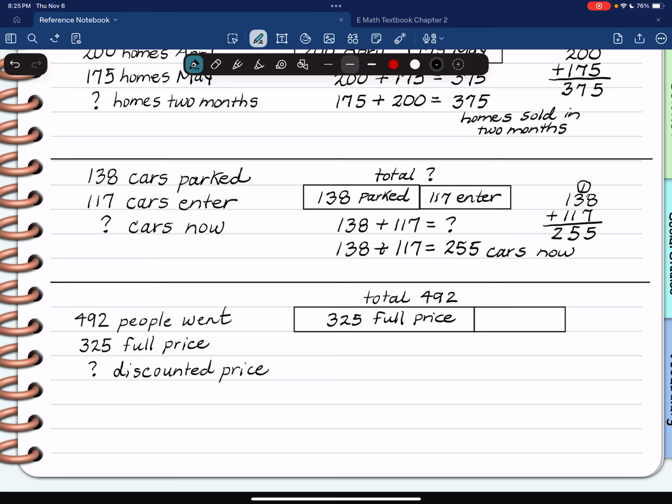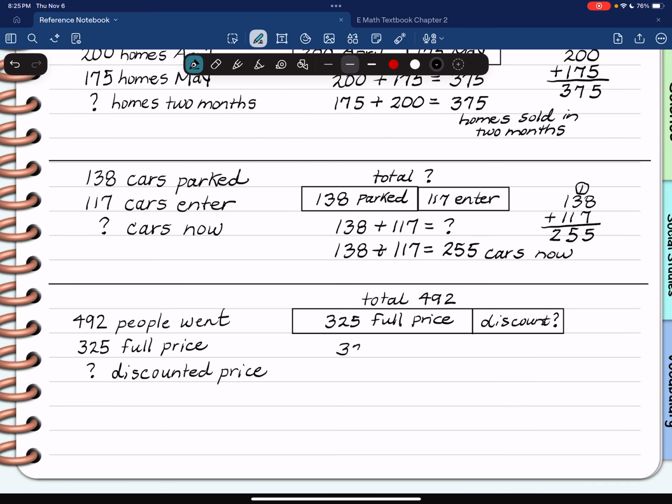But the rest of them got a discount. And that's our question mark. How many of those people got a discount? So we could say that 325 plus that unknown amount equals the total group.